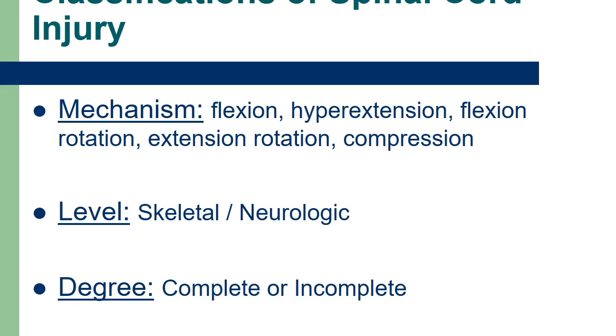But the higher you go with that cervical injury, they are going to be tetraplegic. Thoracic and lumbar injuries, paraplegic. So typically just their lower extremities, waist down, are affected, and they're able to move their arms and hands and such.